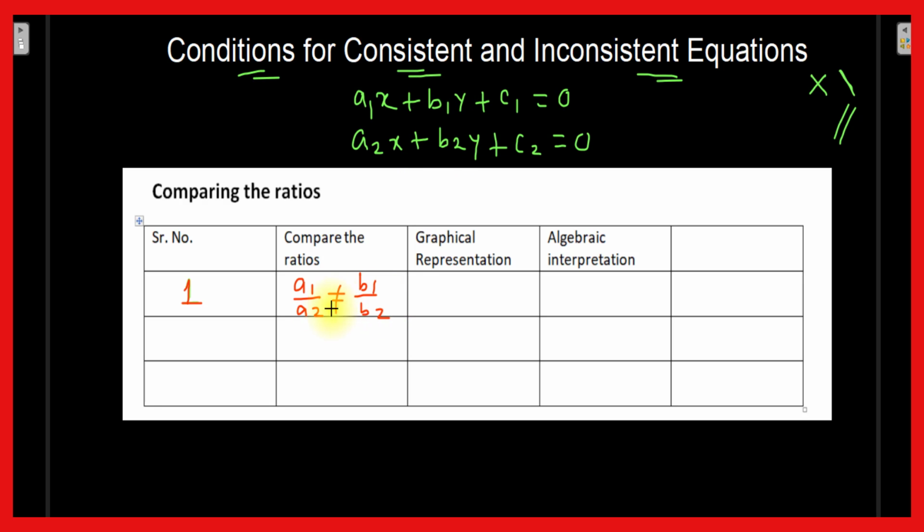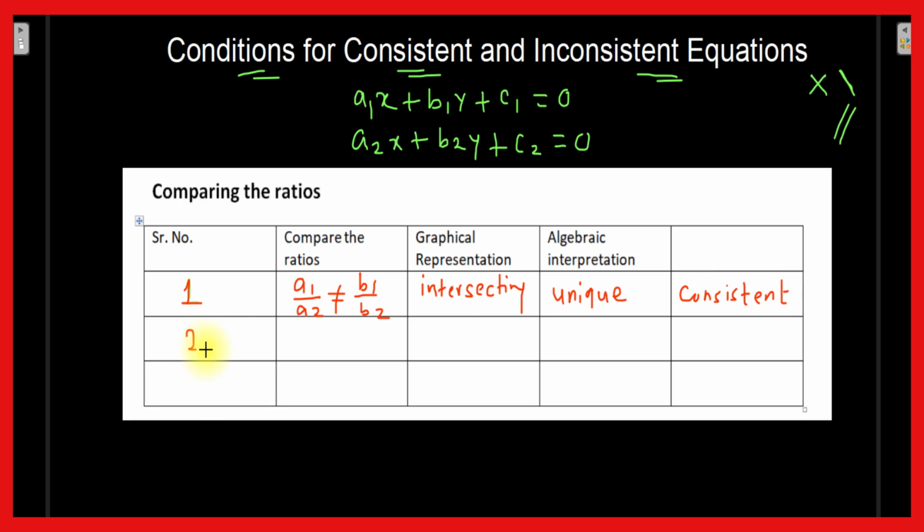If these two ratios are not equal, then graphically the lines will be intersecting. And the algebraic interpretation will be what? It will have a unique solution. And since it has a unique solution, the pair of linear equations will be consistent.